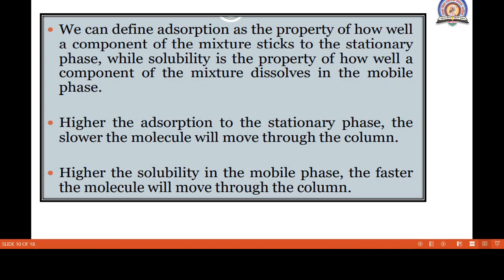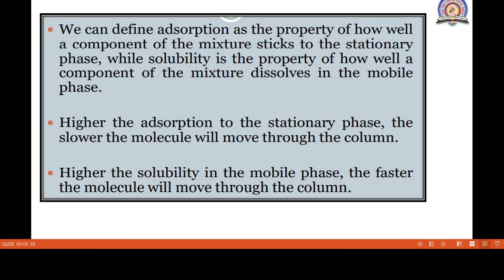We can define adsorption as the property of how well a component of the mixture sticks to the stationary phase, while solubility is the property of how well a component of the mixture dissolves in the mobile phase. So the higher the adsorption to the stationary phase, the slower the molecule will move through the column, and the higher the solubility in the mobile phase, the faster the molecule will move through the column.